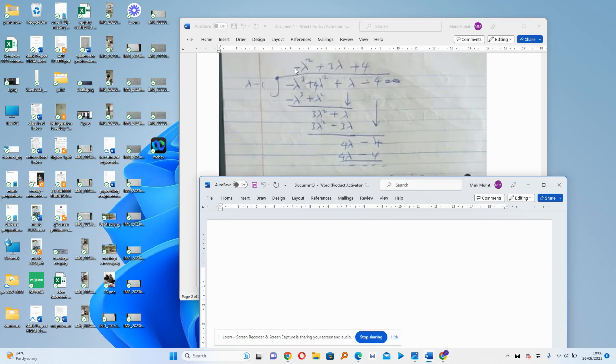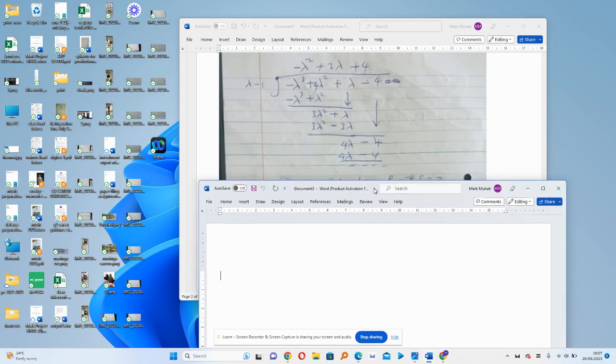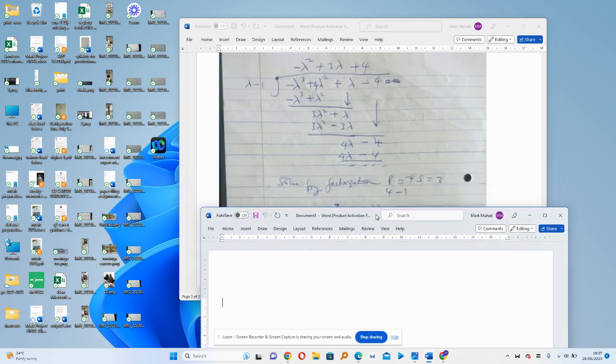That is multiplying negative lambda squared by negative 1. It gives me that. When I do my subtractions, I get 3 lambda squared. Of course, I drop down lambda, as you can see. So the long division, when you follow it, gives you that as the resulting solution.